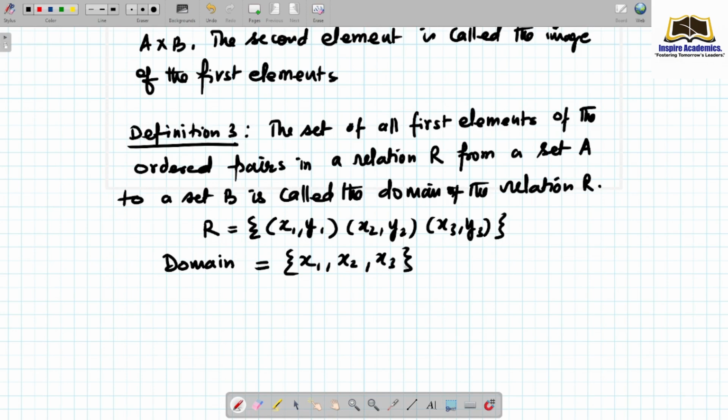Let us take yet another definition, definition 4.